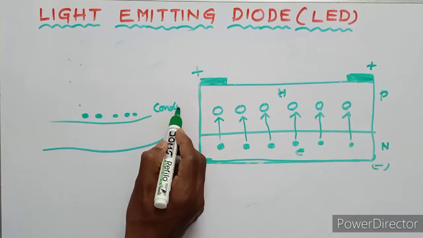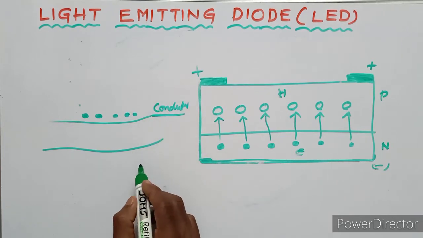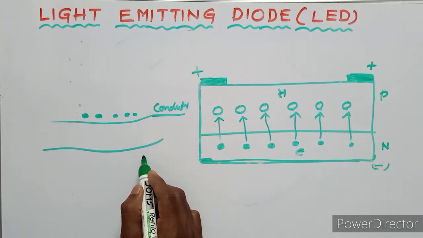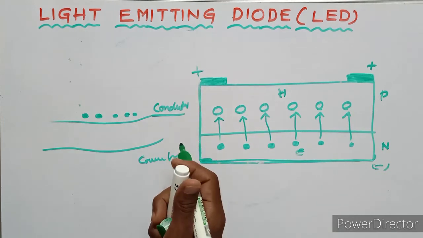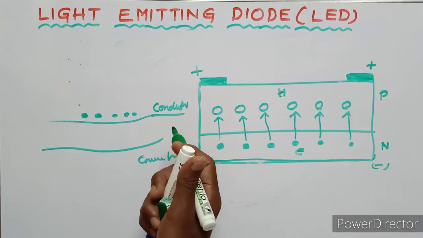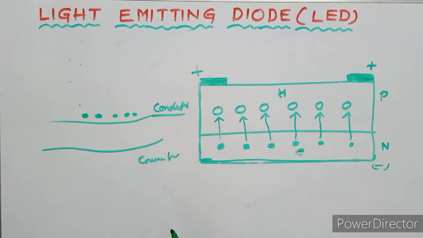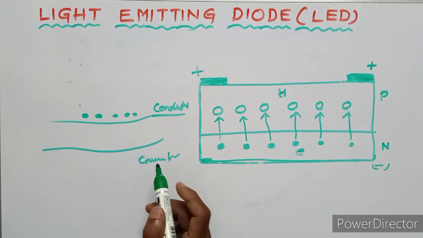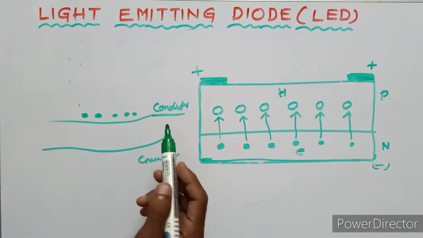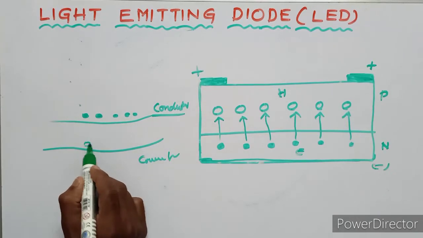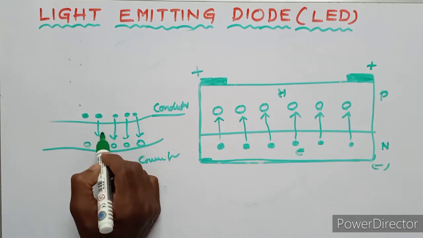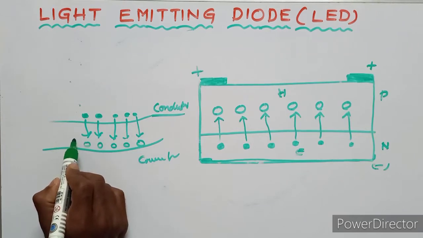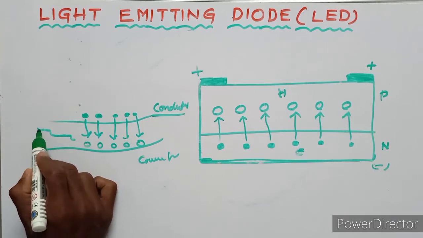This is the conduction level, and this is the valence level. The free electrons in the conduction band jump towards the holes at the valence level, and then a photon is emitted.